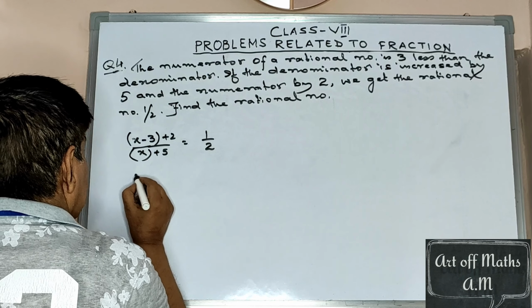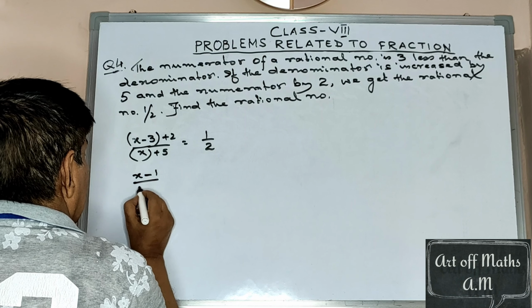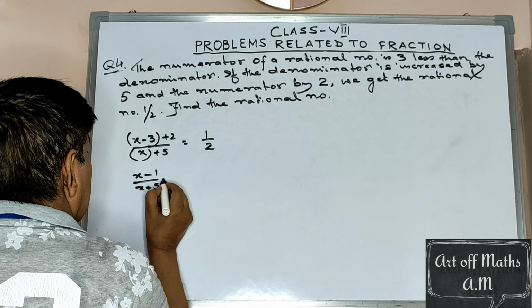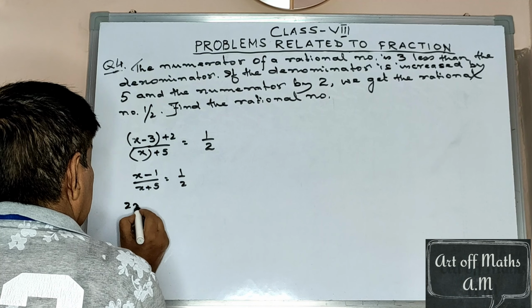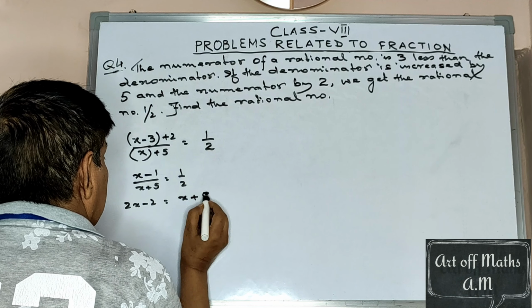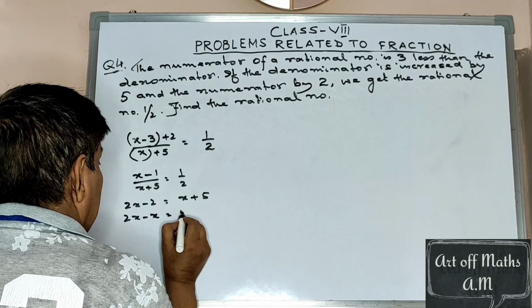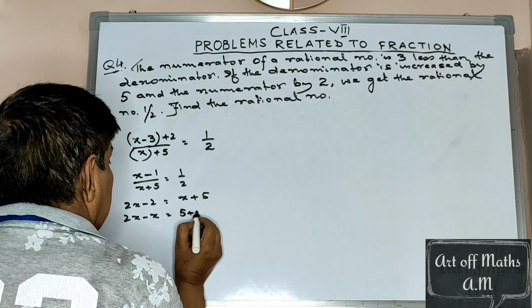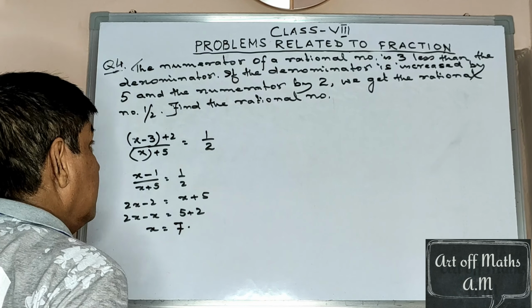Now here we get x minus 1 over x plus 5 equal to half. 2x minus 2 equal to x plus 5. 2x minus x equal to 5 plus 2, x equal to 7.